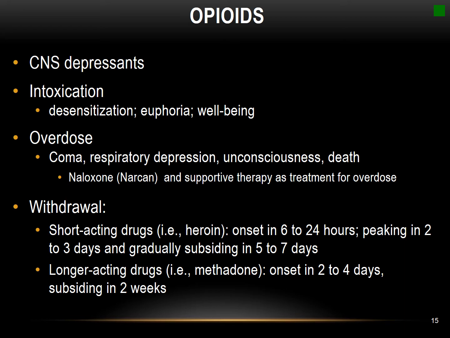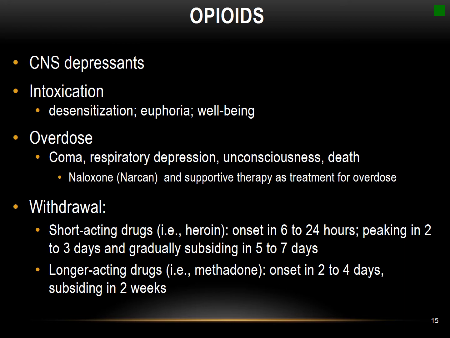So for withdrawal, initially patients are anxious, they have muscle aches, craving for more opioids. As the withdrawal continues, patients develop nausea, vomiting, diarrhea, dysphoria, anhedonia, and fever. And withdrawal is extremely uncomfortable.